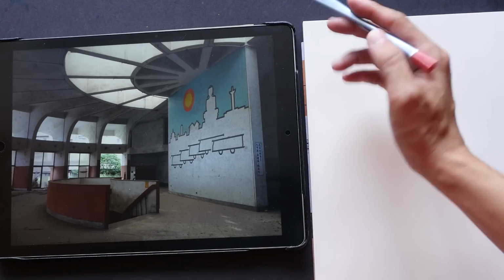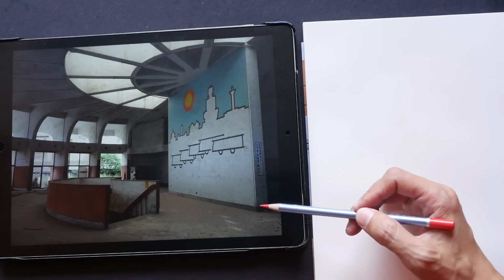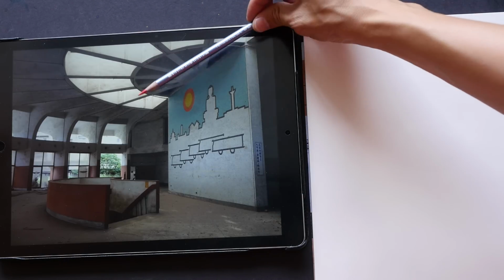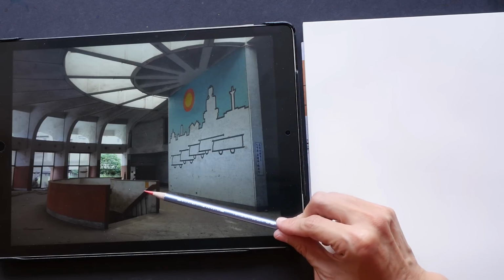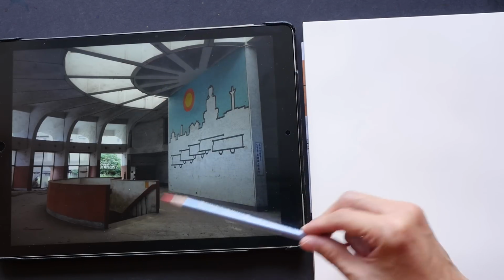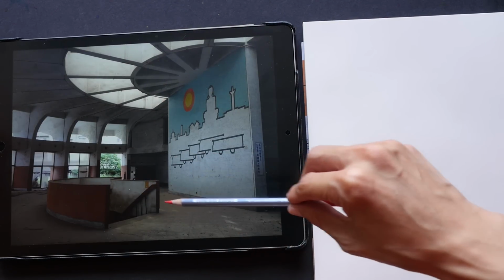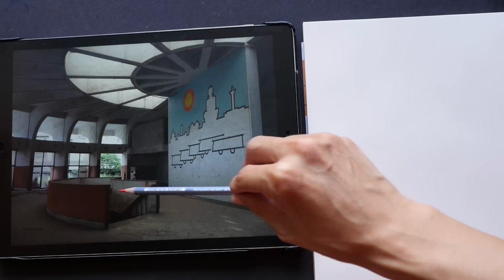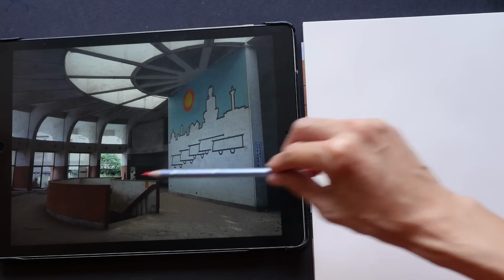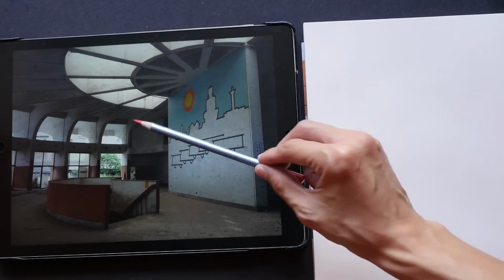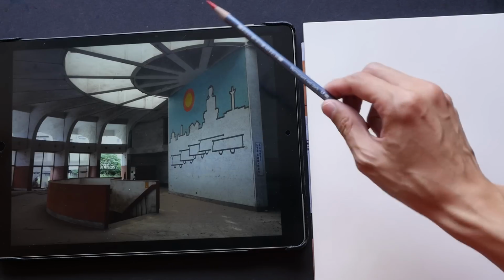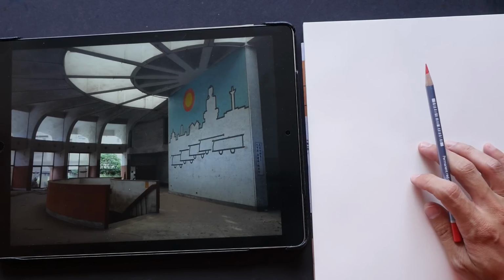And this is a big piece of wall that is in perspective. You can see that the perspective is quite sharp, this angle and this angle. And we have a staircase that goes down, and this is a circular staircase as well. So quite challenging, a lot of lines, a lot of curves, and the whole thing is in perspective.